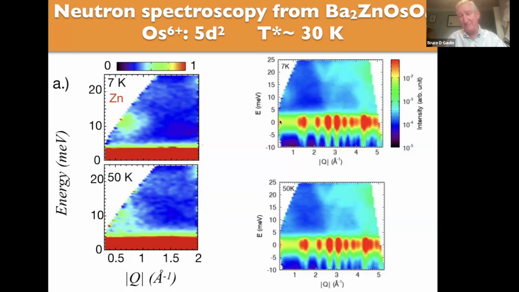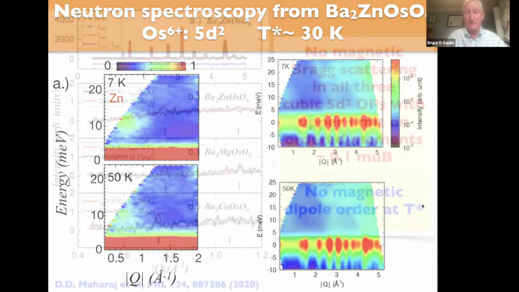And so this is a very good region to look for the possibility of very weak dipole magnetic order, because there's no competing nuclear Bragg order, if you like. So just by observation, you would conclude that there's no obvious signs of magnetic dipole order in this system, below these thermodynamic transitions that are somewhere between 30 Kelvin and 50 Kelvin.